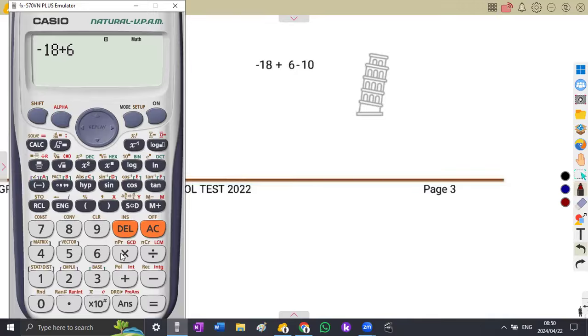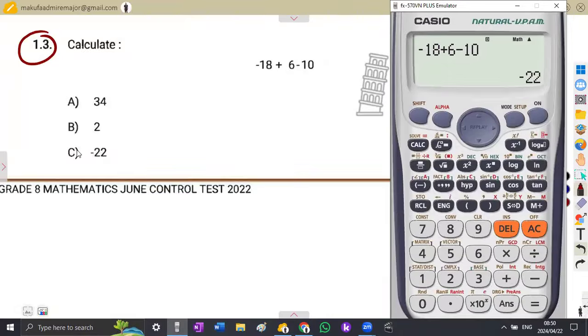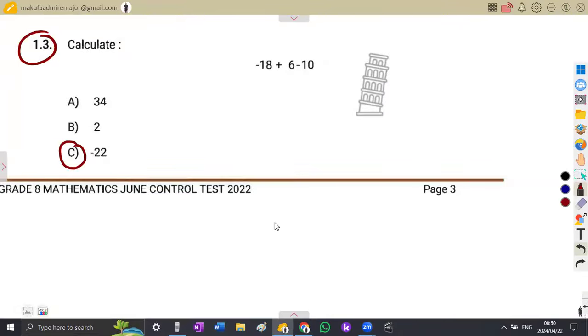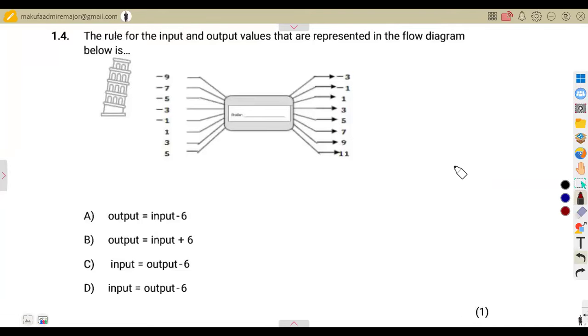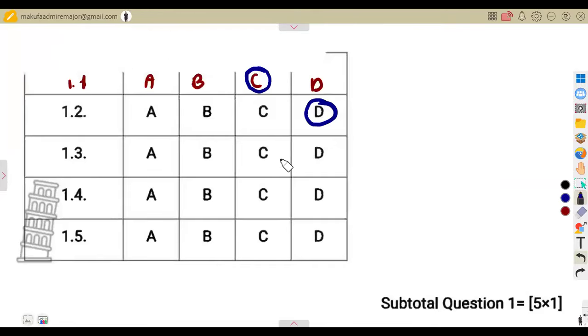Then we subtract 10. That's minus 22. And where are we having minus 22? Minus 22 is on C. So we are going to circle our minus 22, which is at C on the table we are given. 1.3 is C.